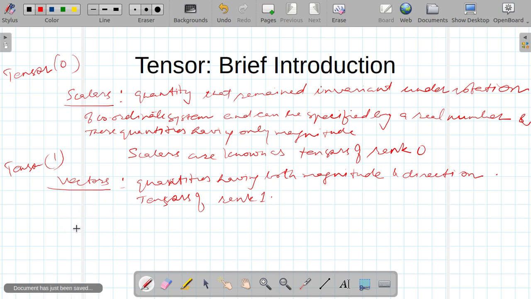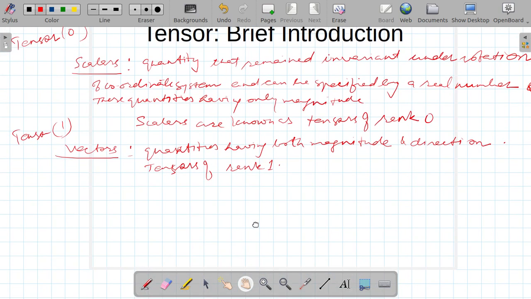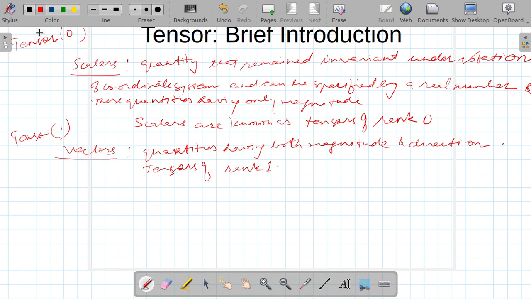And another thing which we have learned is that vectors can be expressed in covariant and contravariant form.